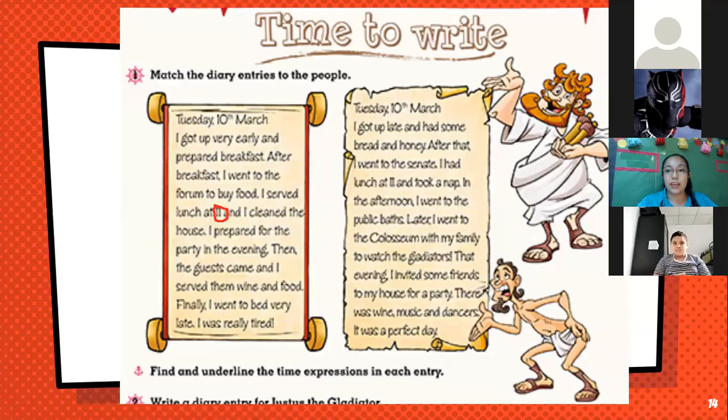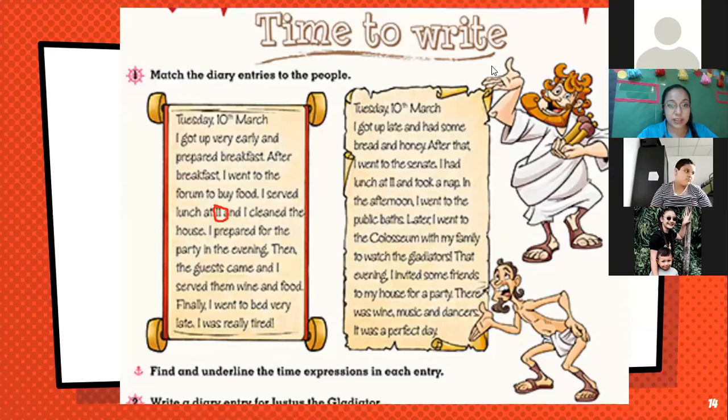Let's see. Let me check here in the chat. So let's see, you see the paper, yeah? In that case, this one corresponds to a slave, yes? In that case, you match. Why? Because this person developed a lot of activities.